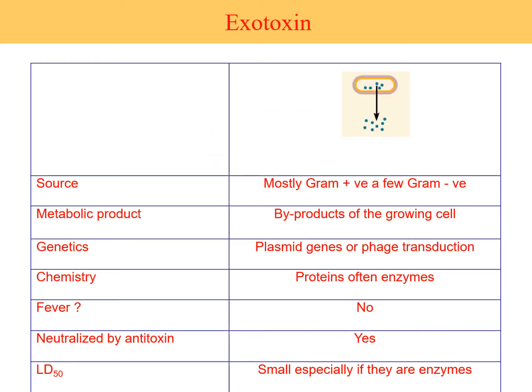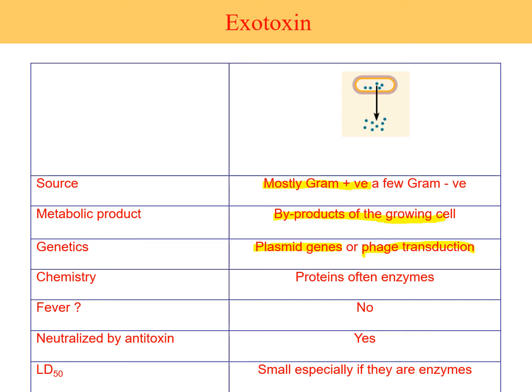The source of exotoxins, as I said, are mostly gram-positives. A few gram-negatives can produce exotoxin. There are many different specific exotoxins characteristic of different bacterial strains or species. Again, it's a byproduct of the growing cell. Plasmid genes often carry the gene for the exotoxin. Sometimes they pick up the ability because of bacteriophage transduction.